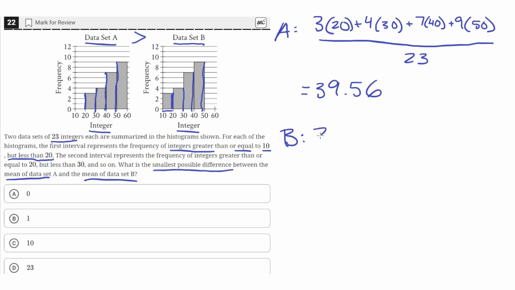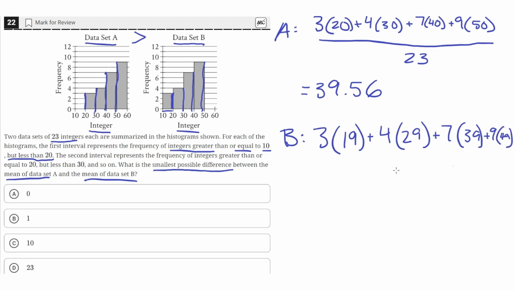So we have 3 19s plus 4 29s plus 7 39s, and then plus 9 49s. And we'll divide that by 23 to get the mean, since there are 23 total integers in each data set.